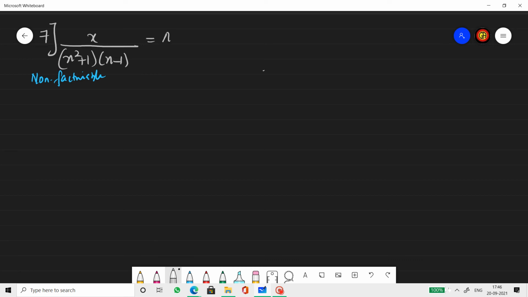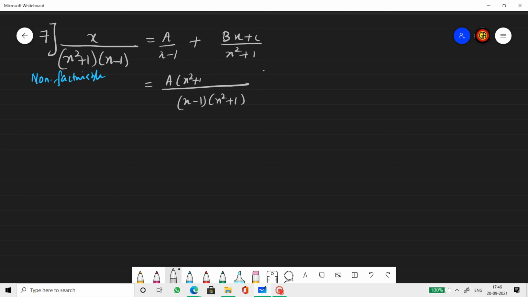So it is a by (x minus 1) plus (bx plus c) by (x square plus 1). This is how we separate when we get a quadratic function which has no real roots. Then the usual process, take LCM, (x minus 1) into (x square plus 1).